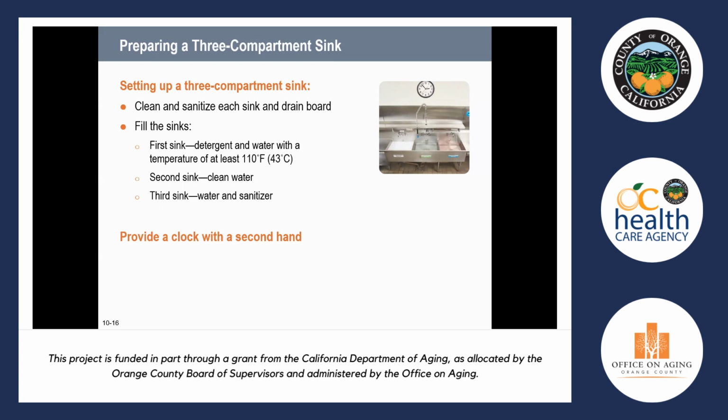Fill the third sink with water and sanitizer to the correct concentration. Hot water can be used as an alternative. Follow the guidelines previously discussed for sanitizers and the manufacturer's recommendations. Provide a clock with a second hand so food handlers can time how long items have been in the sanitizer.